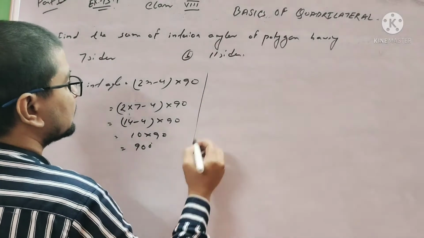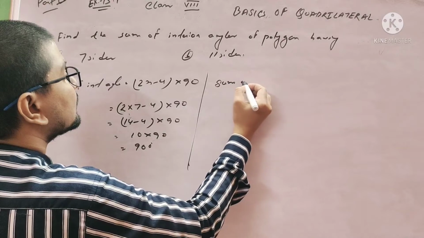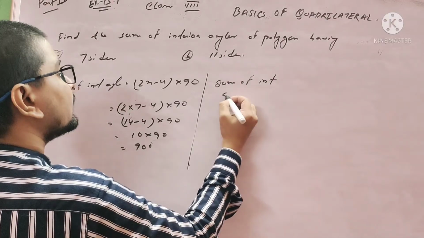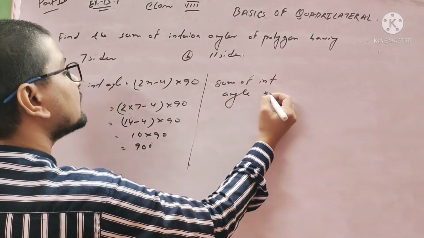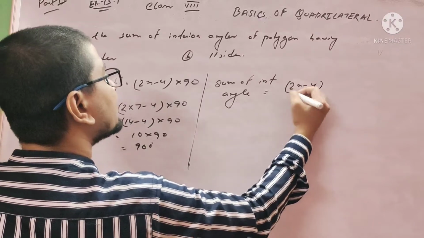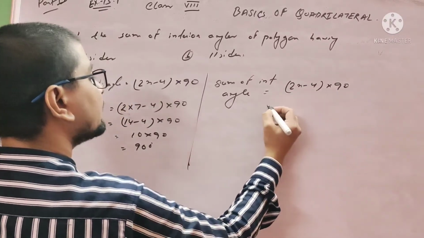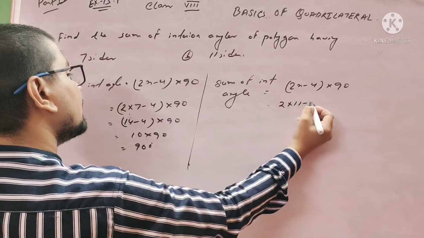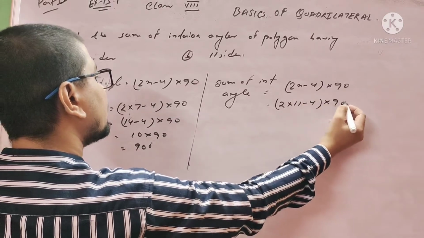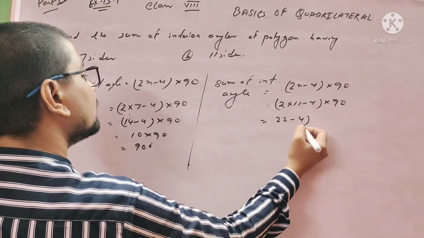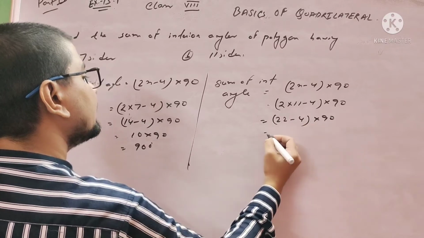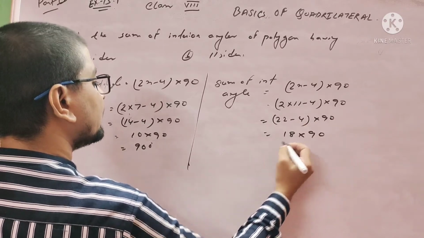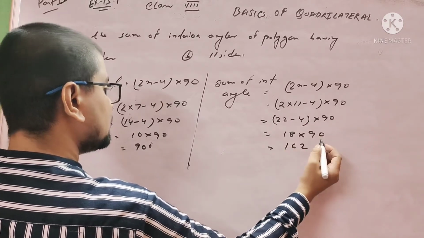Done. For B, sum of interior angles equals (2n minus 4) into 90, so (2 into 11 minus 4) into 90. So 22 minus 4, into 90, that is 18 into 90, which is 1620.